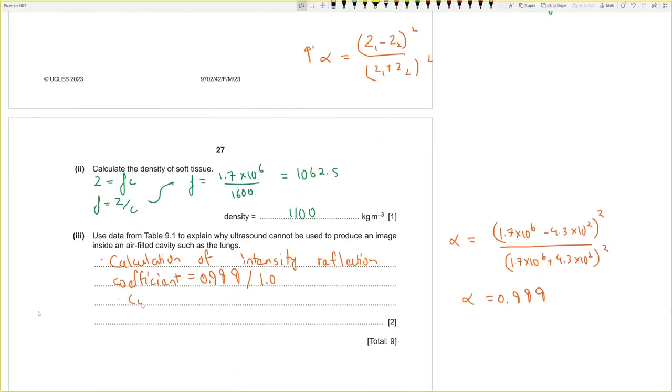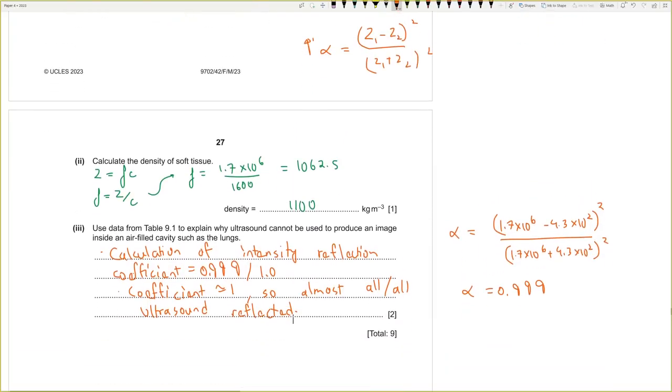Since the coefficient is approximately equal to 1, this means that all ultrasound is reflected. This is the meaning. Okay. So the closer they are, the closer that the coefficient is to 0 and the more ultrasound is transmitted.